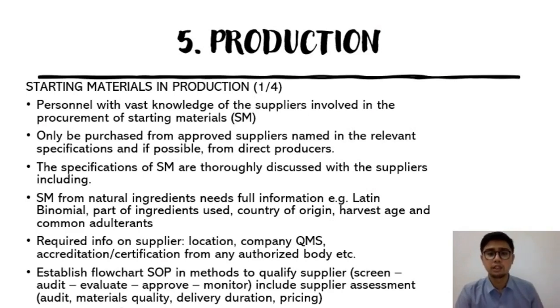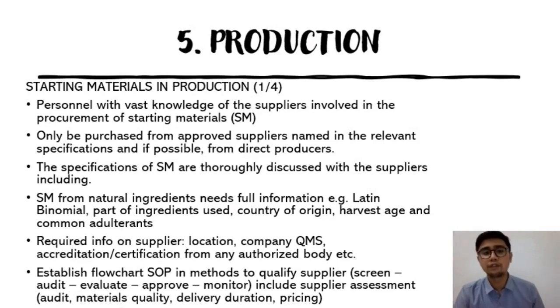The discussions should consider all aspects of production and control of the starting materials, handling, labeling and packaging requirements of the starting materials, and the discussion on the procedure of the complaint and rejection of the material.